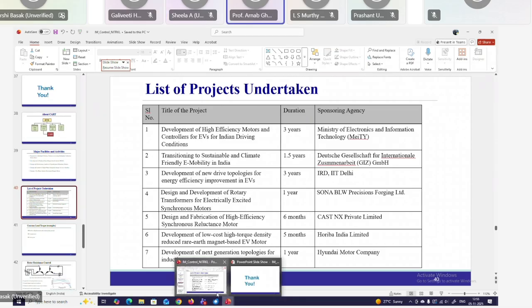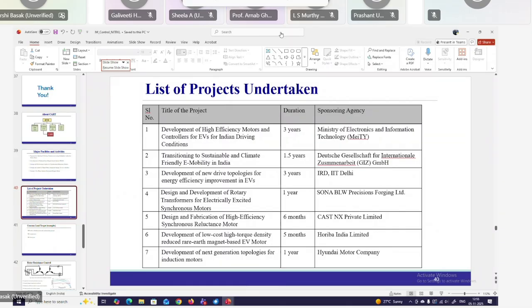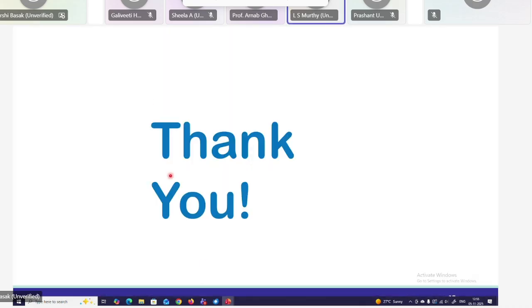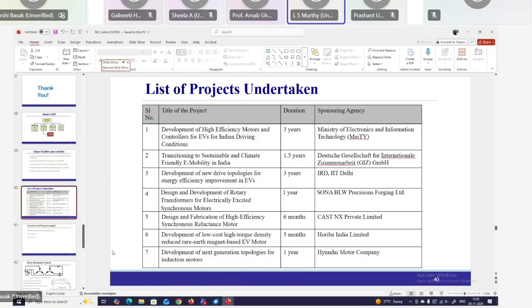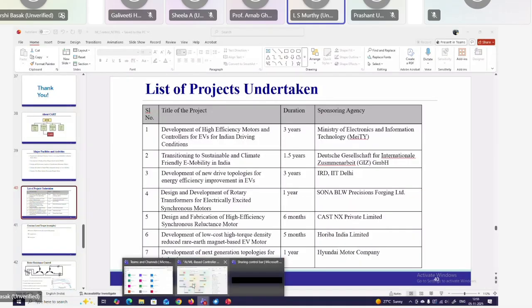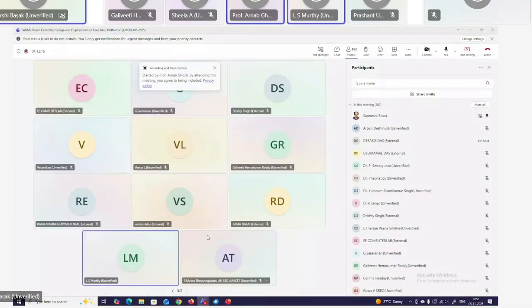Any other queries? Do we get the slides for this talk? The talk is really excellent. Can we have the slides or the recorded mode or something like that? I think Professor Ghosh or Arnav sir can respond better.